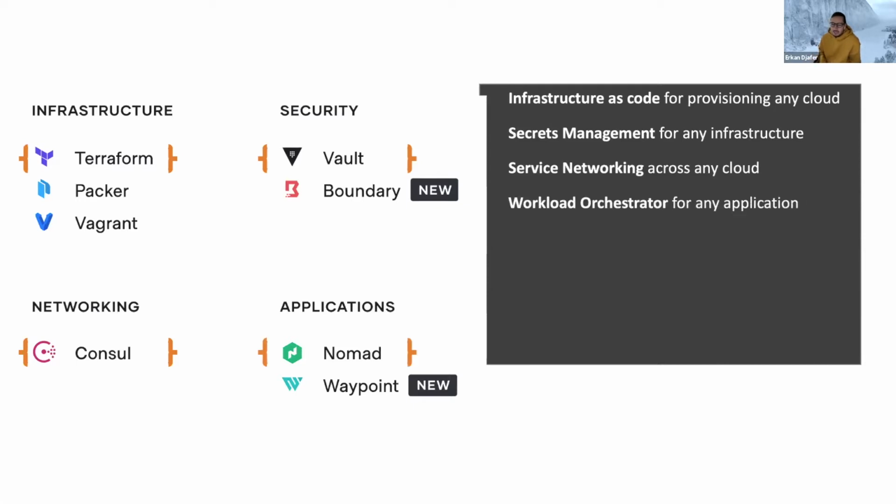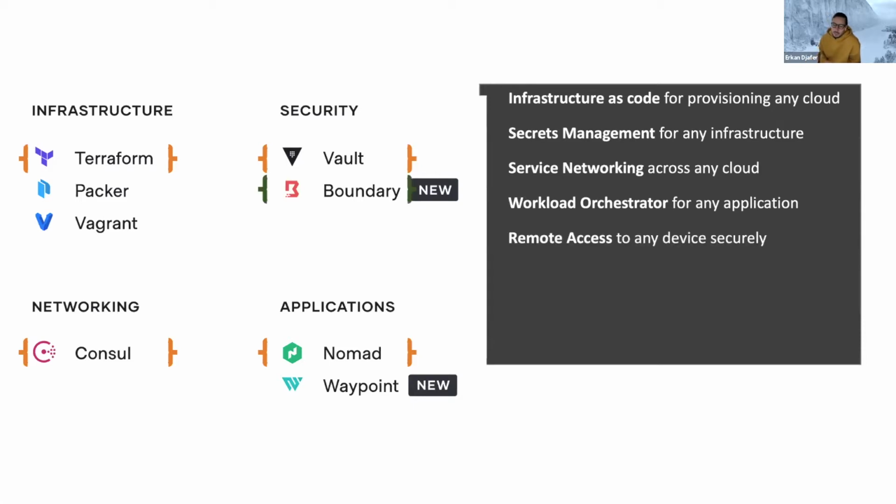And we also have another product called Nomad, which is a workload orchestrator, which allows you to orchestrate any application in any infrastructure environment. A very flexible tool that has a lot of flexibility and simplicity to it. That is also a reason why it's a very popular tool.